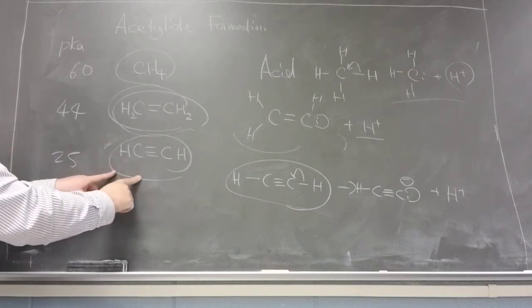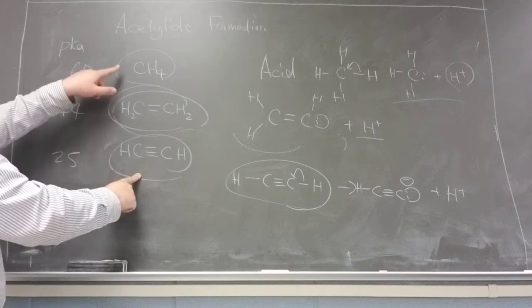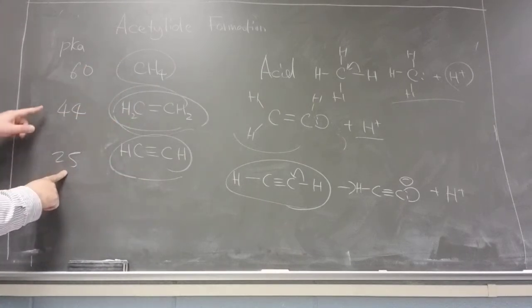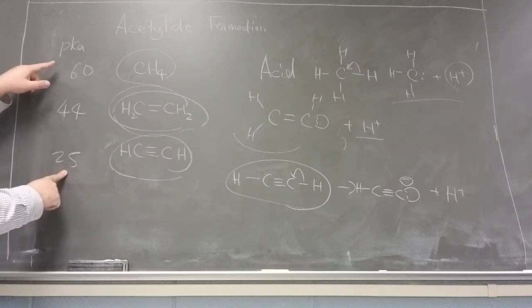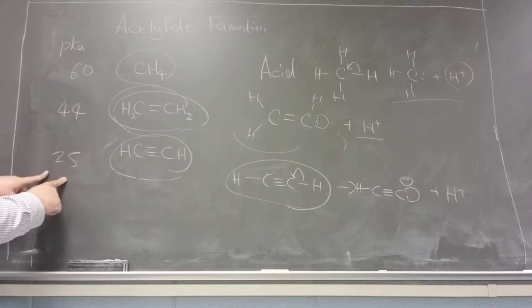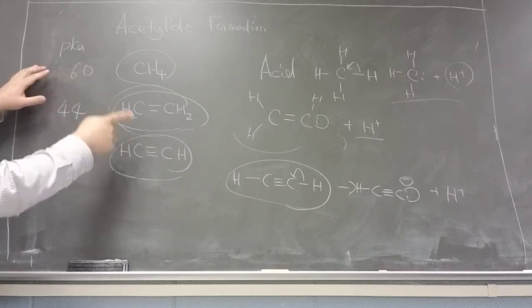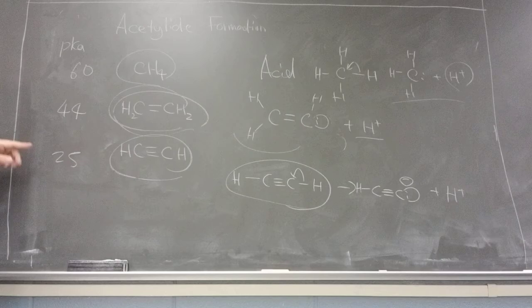So this is the strongest acid, second, and the least among those three, because this one is lowest, second lowest, and this is highest. So this is the strongest, second strongest, and the weakest acid among those three. Lower the pKa, stronger the acid.